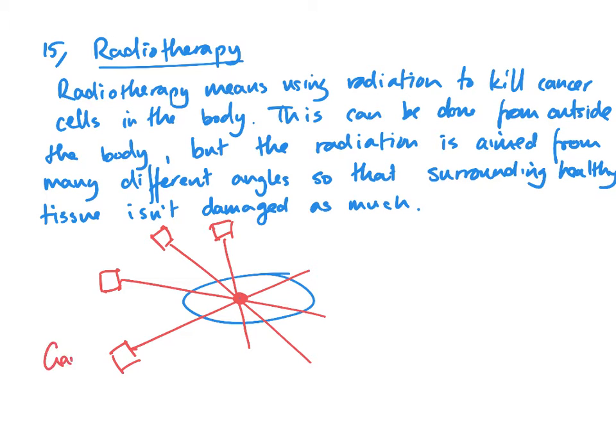And just to be clear, this is a gamma source, so that it can actually penetrate the body and make it to the tumour. The other alternative is that you can actually introduce the sources directly into the body. They can be in liquid form, which happens to gather in the bit of the body that you're interested in, or it can mean actual surgery where you implant a small source directly into the tumour.